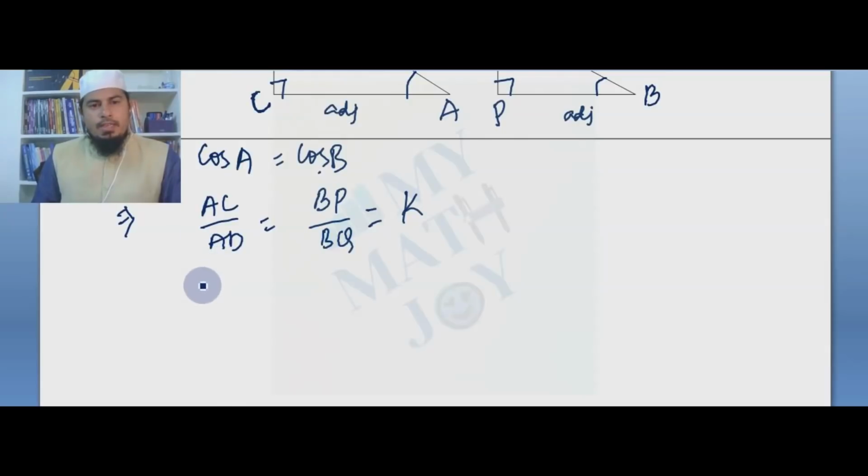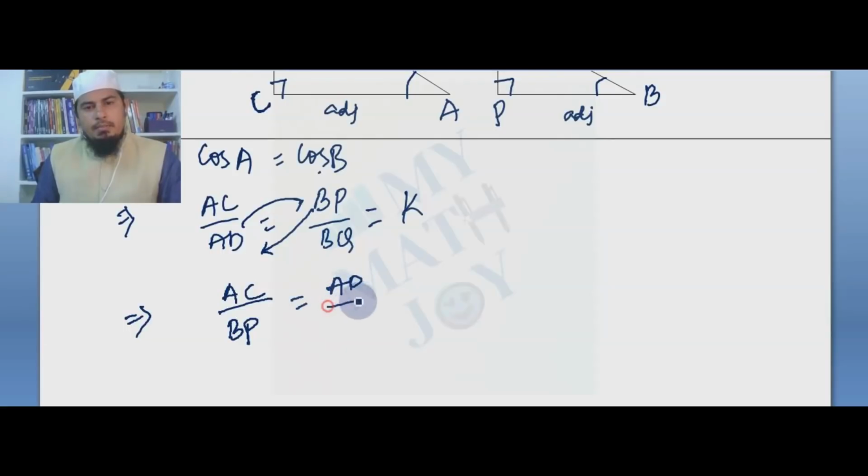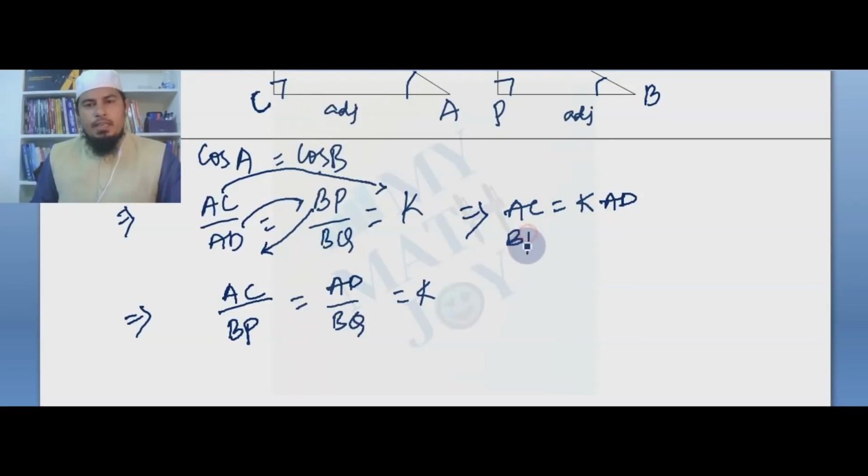Moreover, I can shift this to this side: AC by BP is equal to AD by BQ, which is also K. If I transpose, I can equate this and write like this: AC is equal to K times AD, and BP is equal to K times BQ.